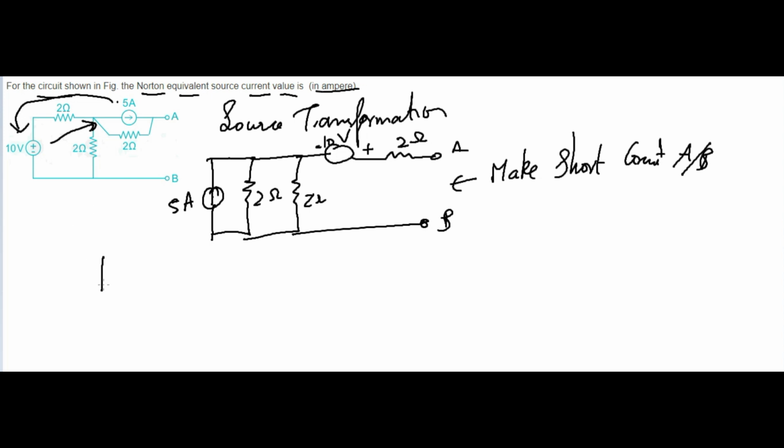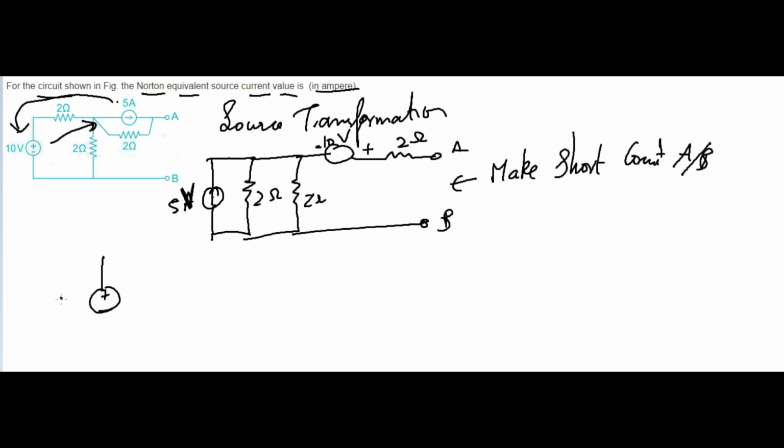Look at this 5 amps, and after making a short circuit, what you have is very simple. Look over here, I am making a 5 amps, right? This is not 5 amps, don't forget, this is a 5 volt, so it is going to be plus minus.